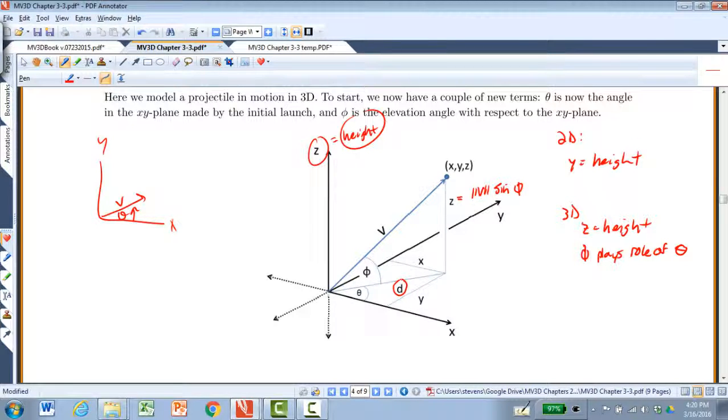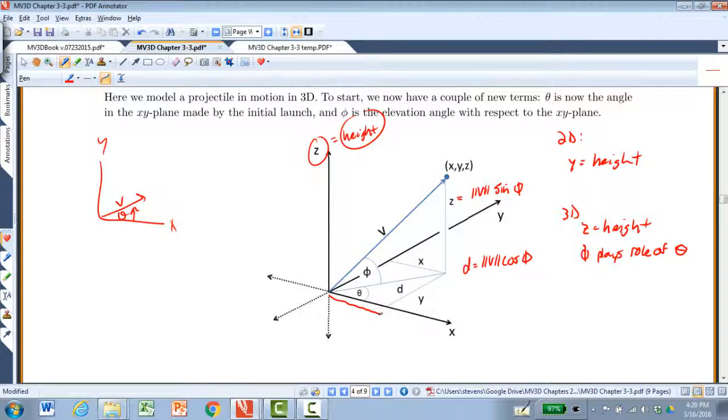I'm going to think of d just as a distance. So d, as I'm talking about here, isn't necessarily a vector so much as the length of that line. And again, if you look at this triangle, d is just going to be the size of v again, only now it's going to be the cosine of phi. And so that's going to allow me to get x and y pretty easily.